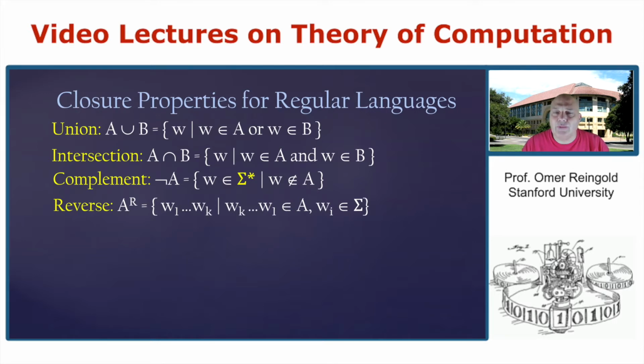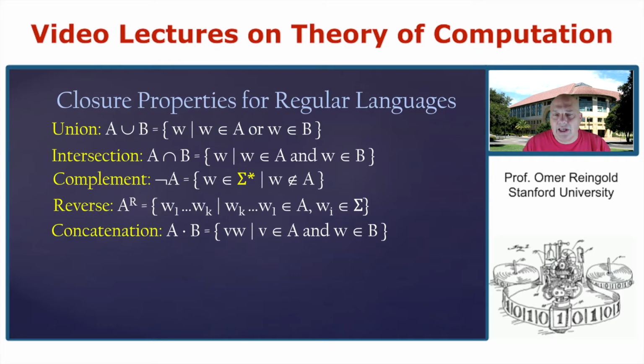So W1 up to WK is in the reverse of A if WK to W1 is in A. Concatenation, A concatenated with B, just says that it's a concatenation of words VW, where V is in A and W is in B. And the Kleene star, A star, is the concatenation of S1 up to Sk, where K is larger or equal to 0, where every Si is in A. So we can talk about concatenation of 0 strings, so A star always includes the empty string.